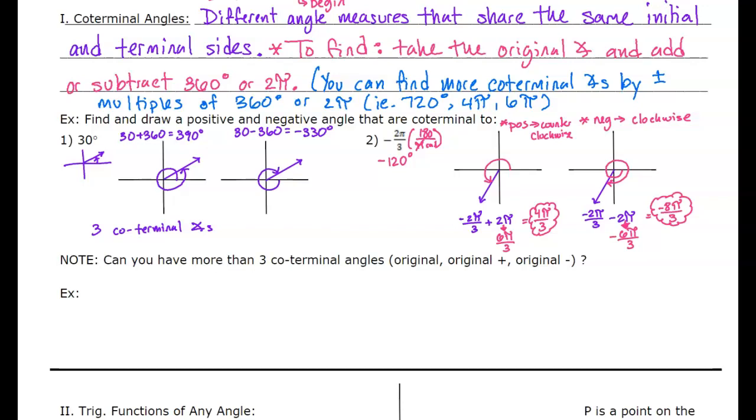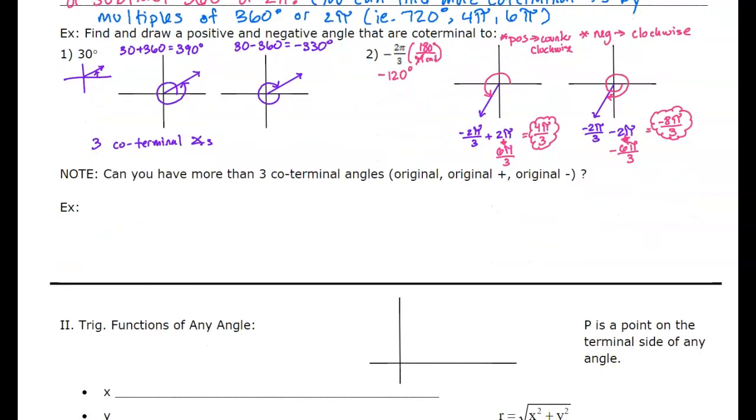And actually, we've already talked about this next note. It says, can you have more than 3 coterminal angles? Yes. What's the max number you could possibly have?